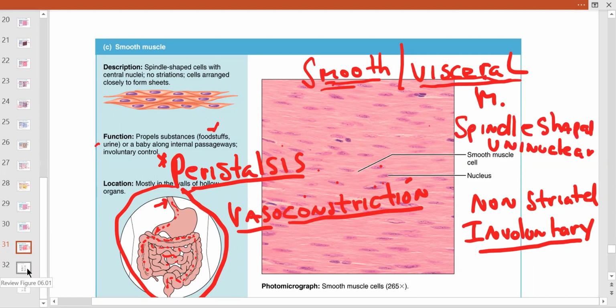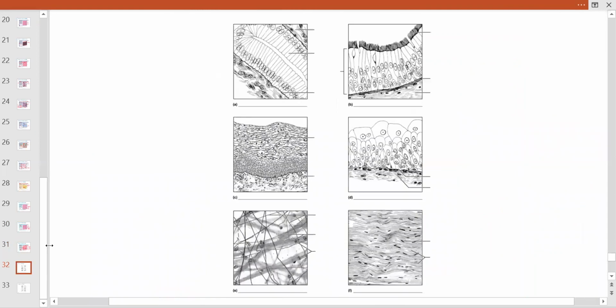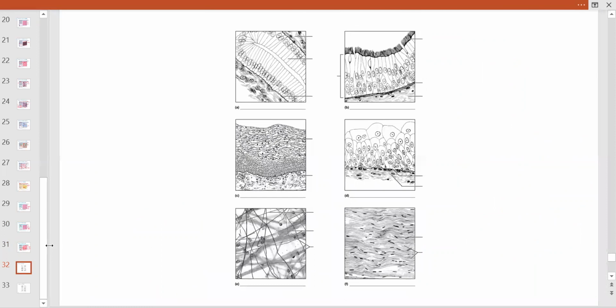Phew, man, crazy stuff. So this is like your quiz. I think the quiz I'm going to give you is kind of like this. So go through it. Look at the simple columnar or the pseudostratified columnar ciliated epithelium, all right? Transitional epithelium, stratified squamous epithelium, which we're going to see a lot of in the skin. This is non-keratinized probably.